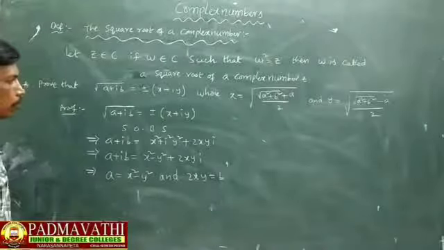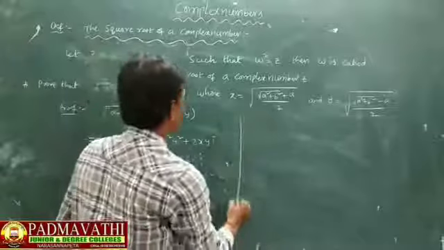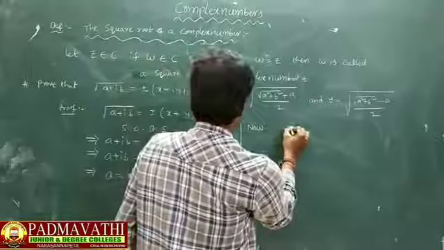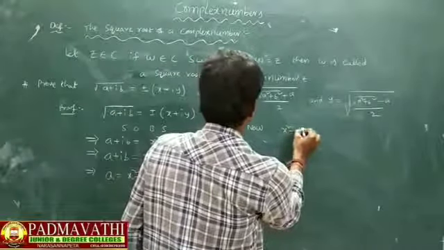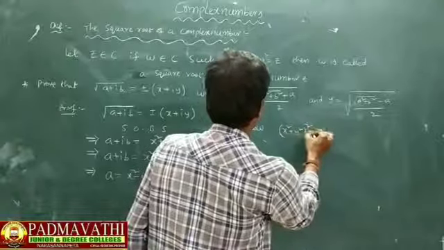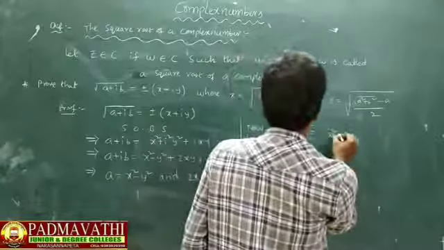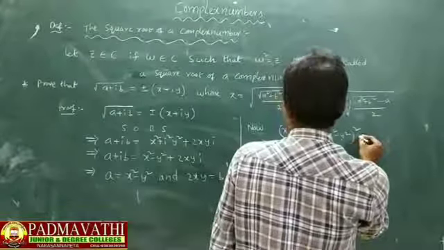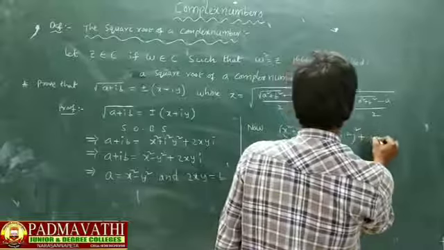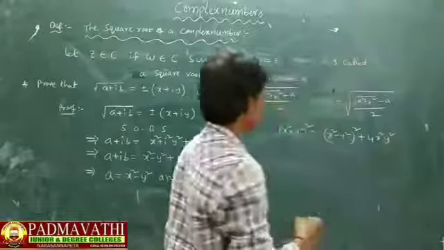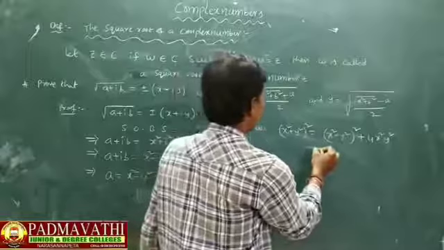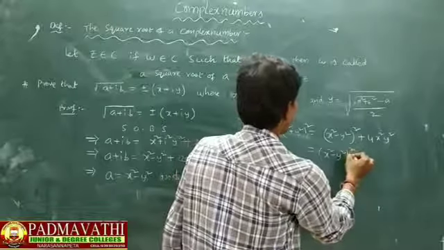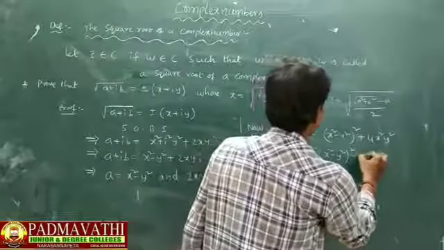Now (x square plus y square) whole square equals (x square minus y square) whole square plus 4x square y square, that is (x square minus y square) whole square plus (2xy) whole square.